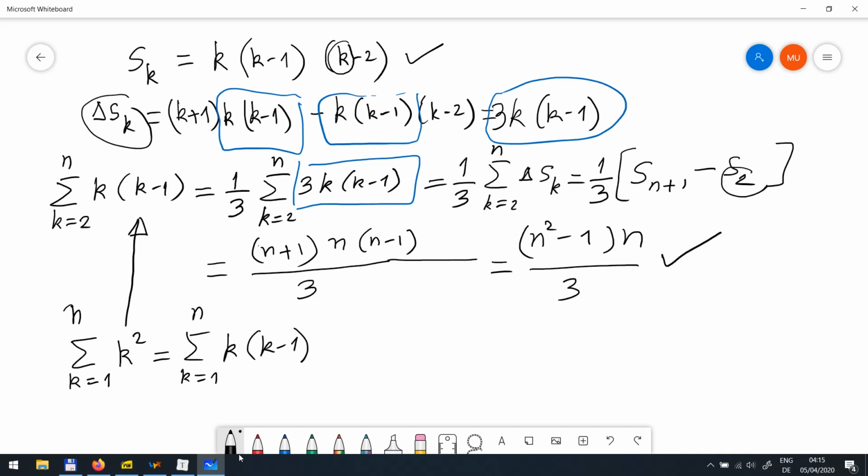There I only needed k squared. So I can now compensate for that, and I will have the summation from 1 to n k. So you see, this plus k and this minus k cancel out, and I am left with the original sum. Now I don't need to do anything else because I know how to deal with this. I know the formula, that one.